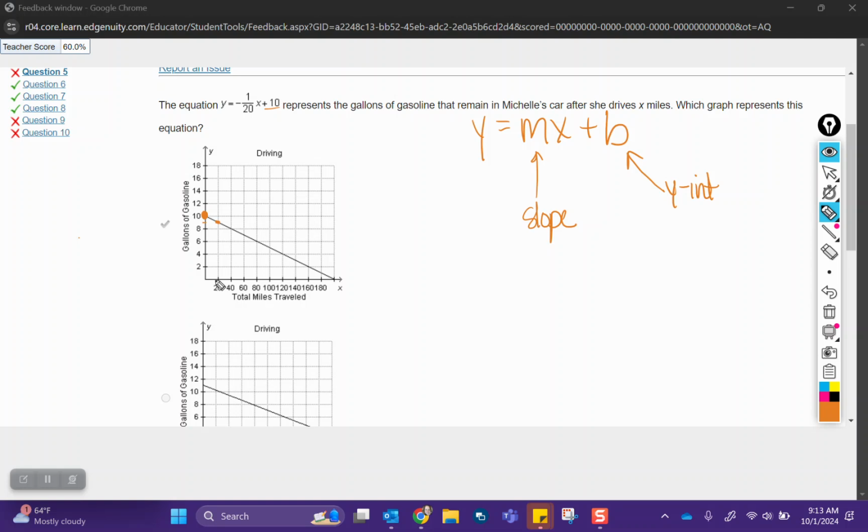That's 20. So I went down 1 and over 20. Now from 9 I'm going to go down 1 to 8 and I'm going to go over 20 again, and you can see that as I continue going down 1, for every 1 gallon of gas she uses, this graph is showing she is driving 20 miles. So this first one is the correct option.